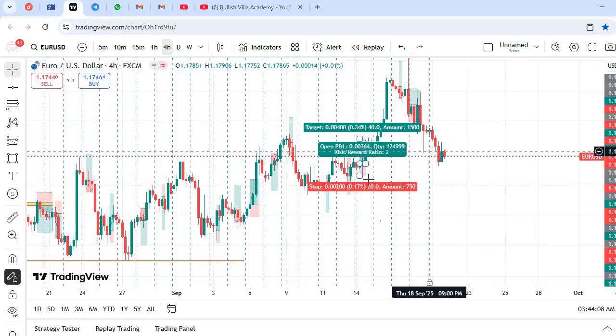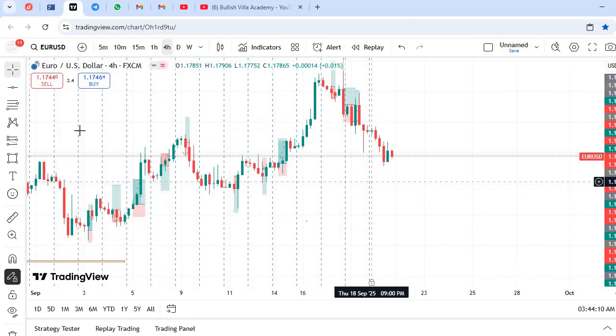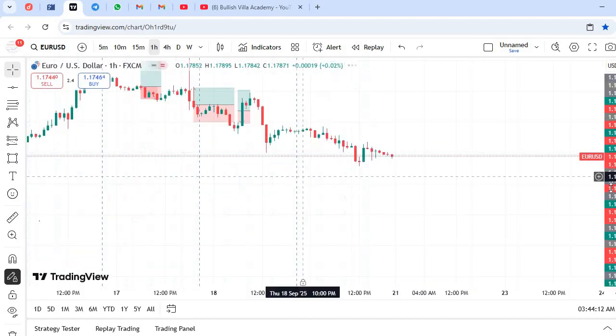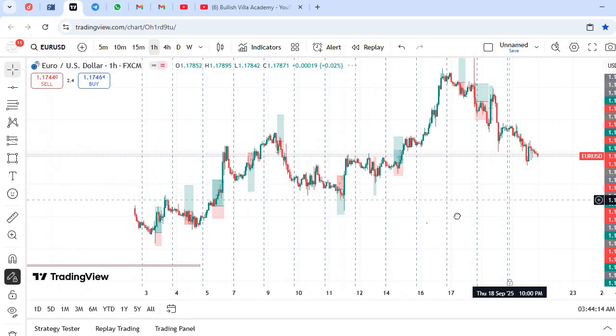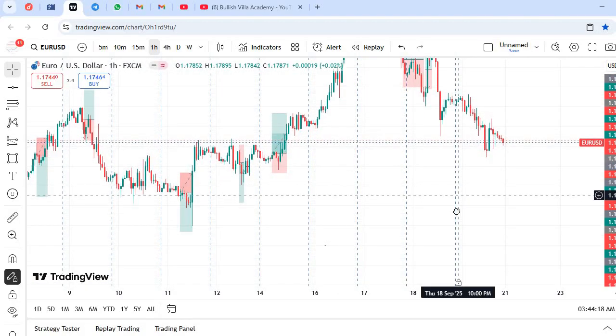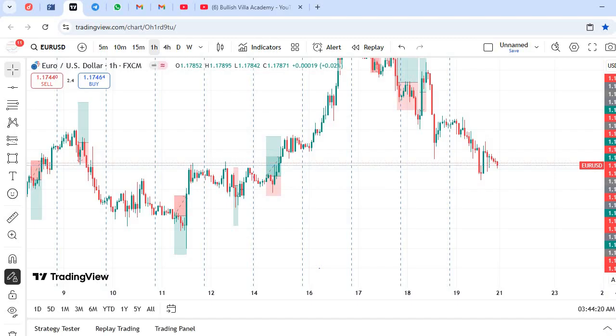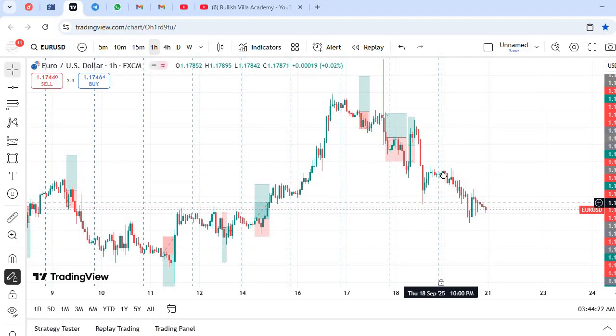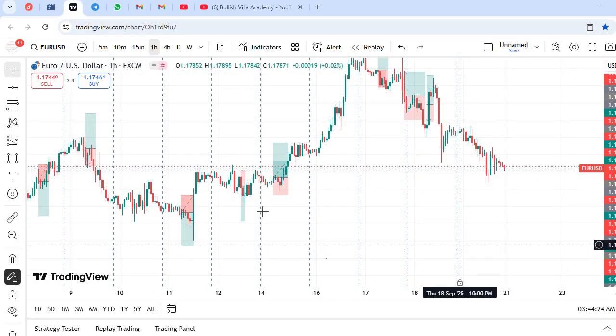So this 14, this 15, and the 15 here. Let me come to the 1-hour time frame. So already the price action was giving us a bullish overflow, you can see.